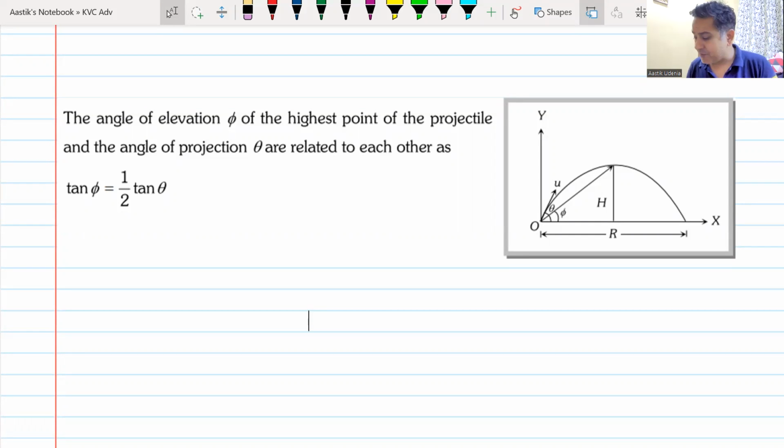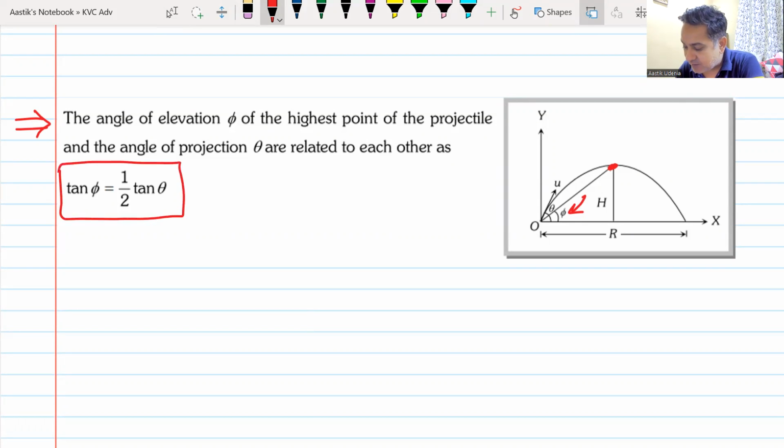Then comes an important note. We have seen the angle tan theta. The tan of this alpha is y by x at the highest point, and this could come as a straightforward question. At the highest point, the value of this tan phi is half of tan theta. Can you remember this, my dear friends?